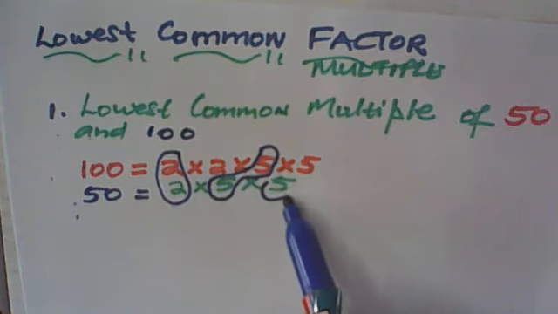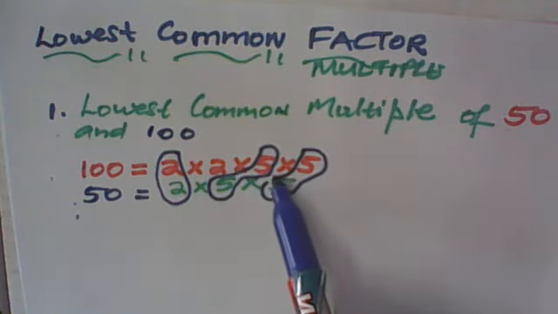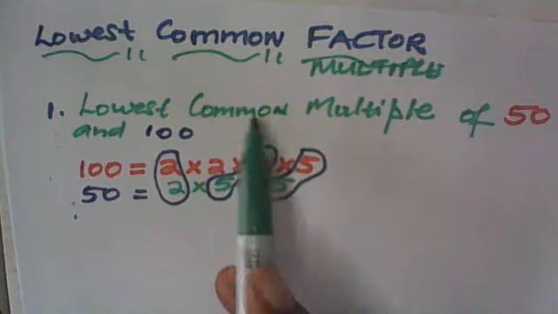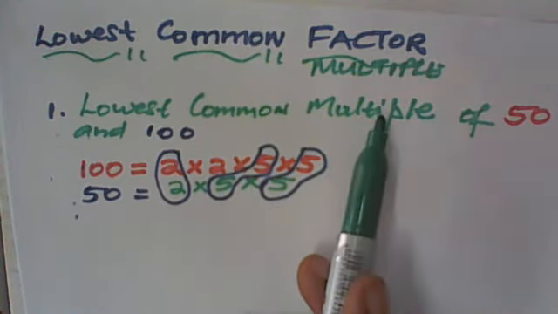And that is also common. So remember I said we normally have to use the shortcut. So this is how we do it. Lowest common factor or lowest common multiple.